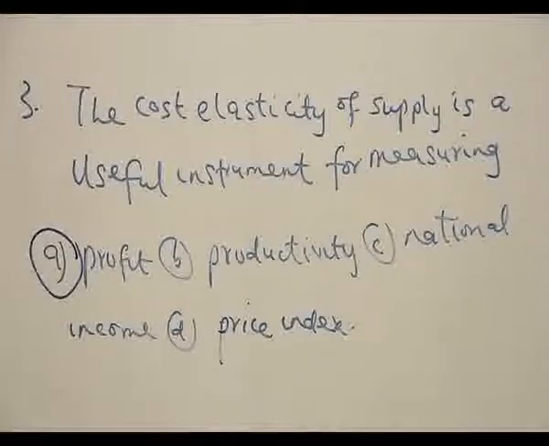How price will be used in determining the profit, because the difference between the cost and the revenue is what we call profit. So they try to understand the elasticity so that they will know how their supply will be, in order to understand their profits.